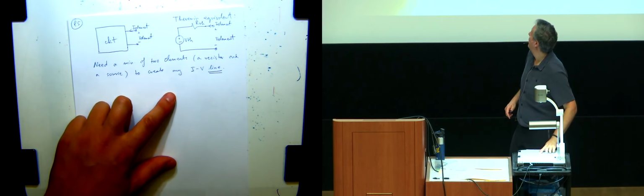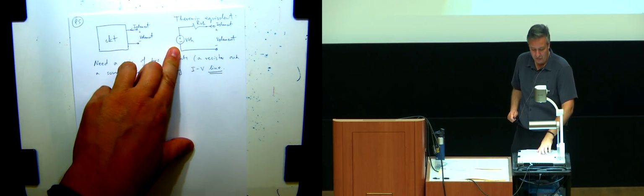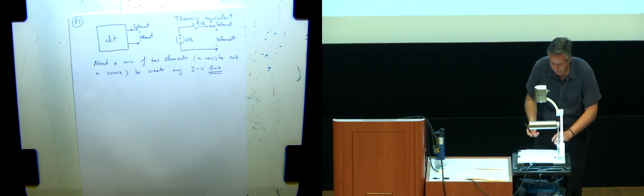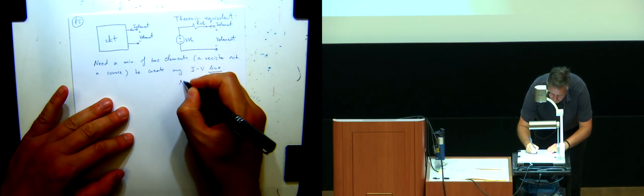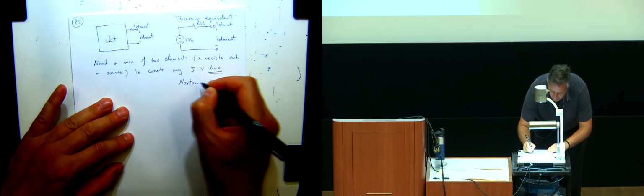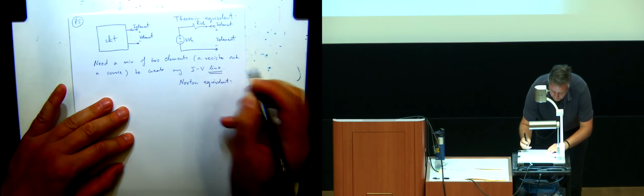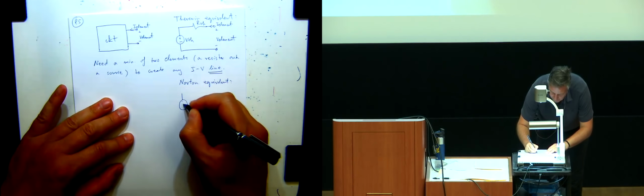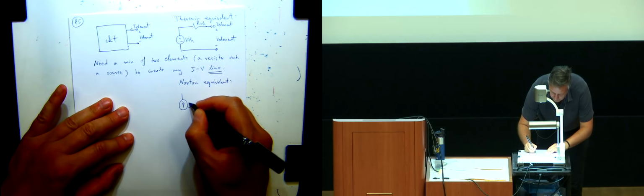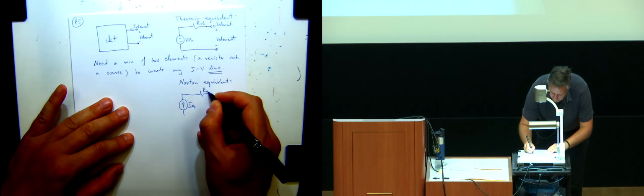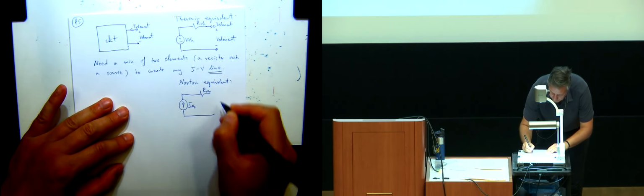Now, one of the ways to do it is this Thevenin equivalent, where I have a voltage source and a resistor. Another way is the Norton equivalent, and that one uses a current source. R Norton.